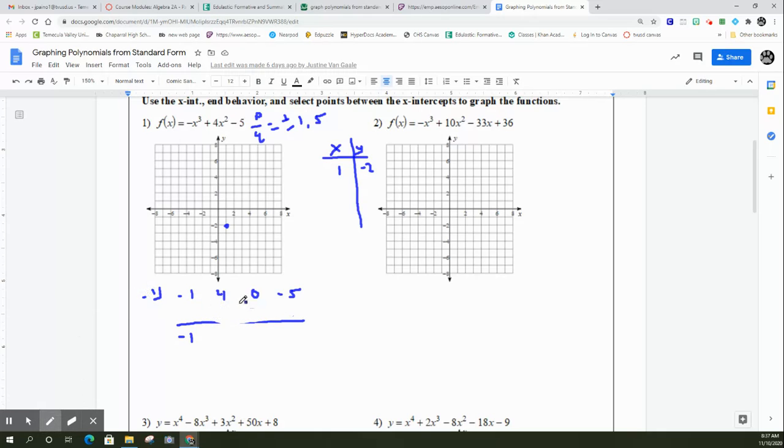So if I try -1, now I get +1, 5, -5, -5. Okay, so that does work. So (-1, 0) is an x-intercept.